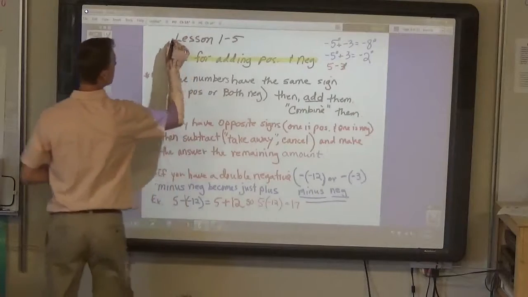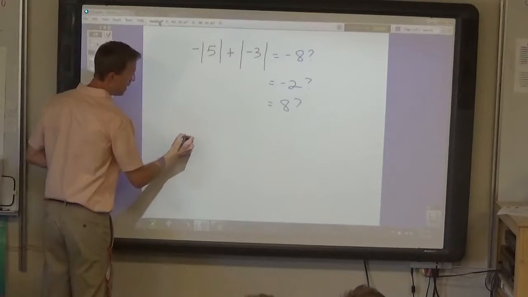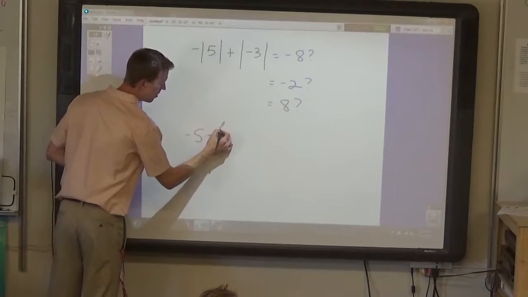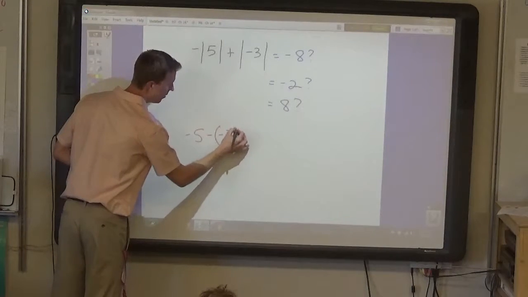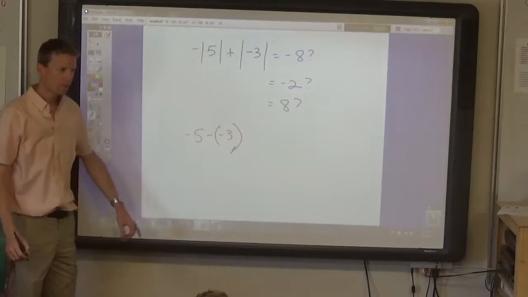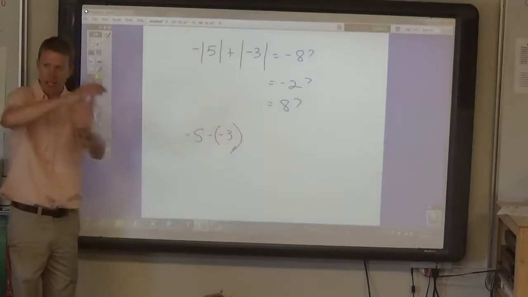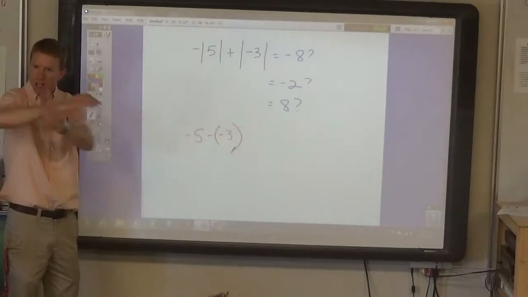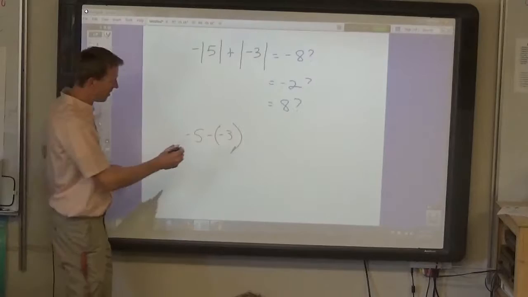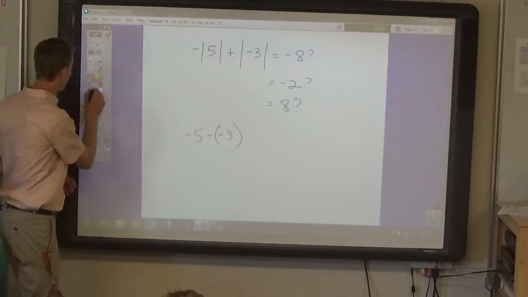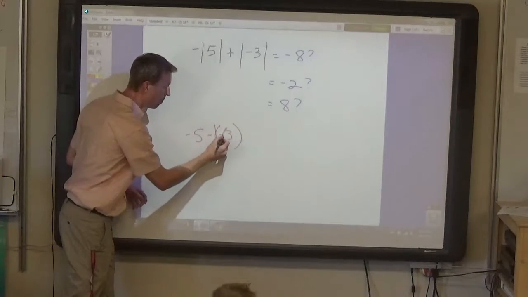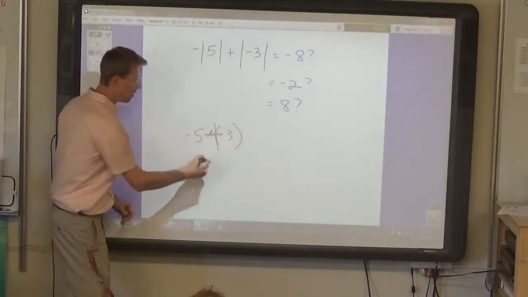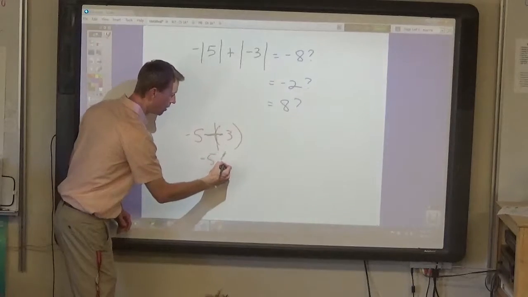So in that case, if we had -5 minus -3, minus equals plus. Okay? Minus equals plus. So, to write that, you can put a big plus sign, connect the two minus signs, and think -5 plus 3.